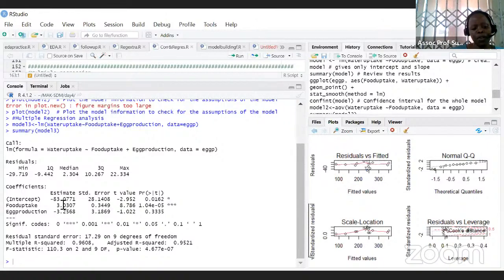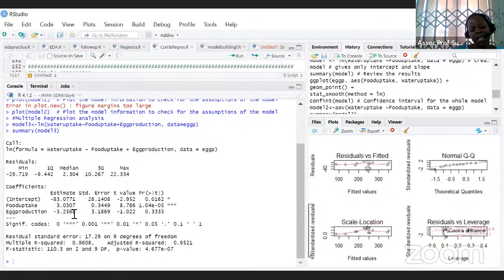If we look at the slopes, we keep egg production constant and interpret food uptake. In this case, for every unit increment in food uptake, water uptake increases by 3.03 milliliters. Then we keep food uptake constant and interpret egg production. For every extra egg produced, water uptake decreases by 3.257.